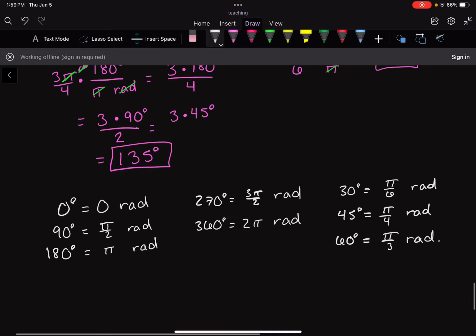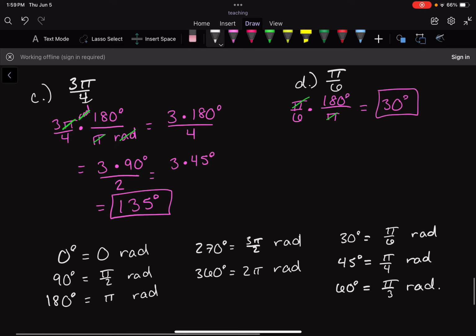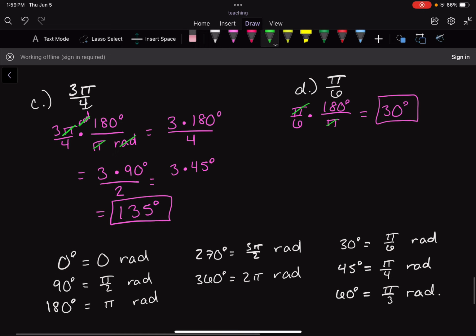Or, well, maybe I'll just show you now, honestly. Let's just do it now. If I wanted to plot 3 pi over 4, this would be a good time to practice. If I didn't remember that it was 135, I would say, okay, I know this is 0, I know this is pi, or I can also write this as 4 pi over 4.